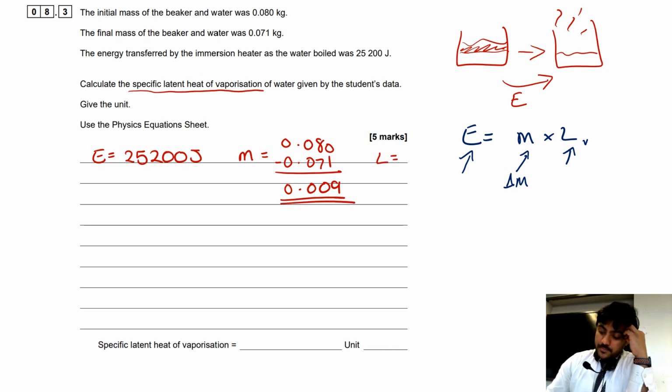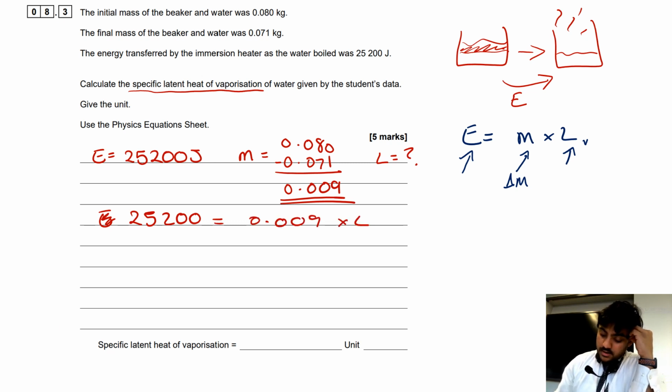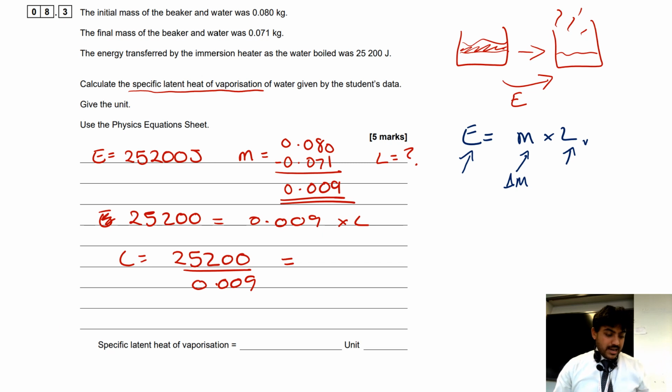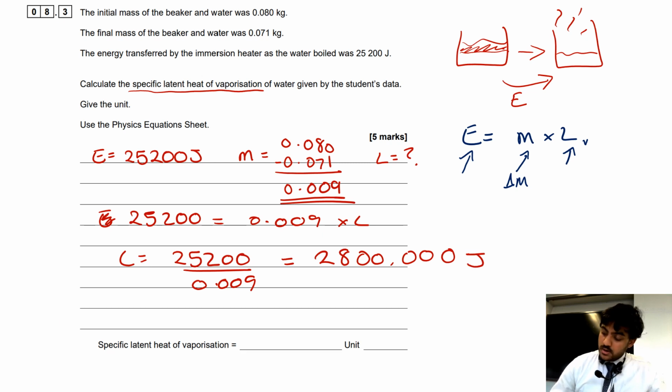Now I need to find my L. Just plug the numbers in. 25200 is equal to 0.009 times by L. L is 25200 divided by 0.009, which gives you an answer of, I've done it here already, 2800000 joules per kilogram, because I'm dividing energy by mass.